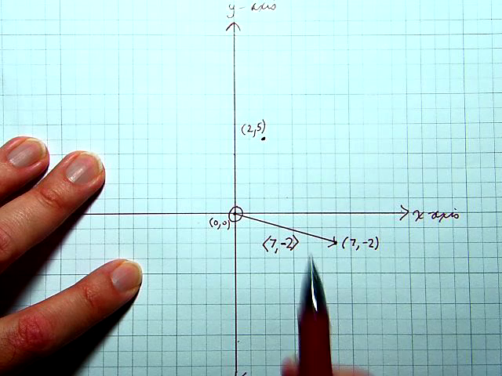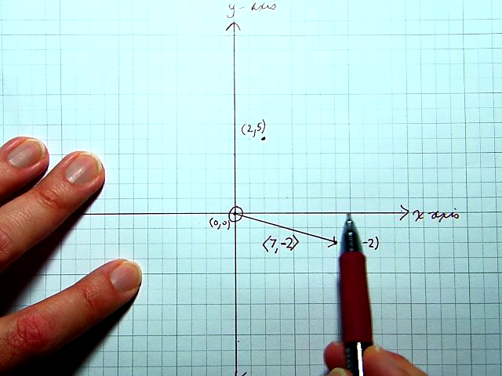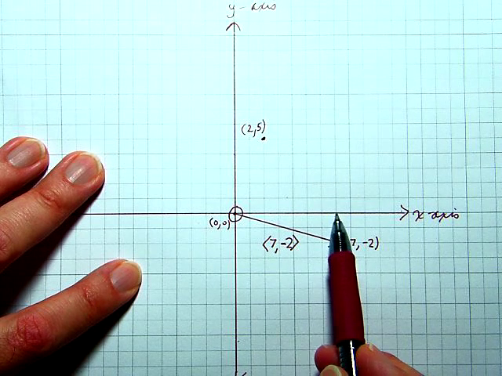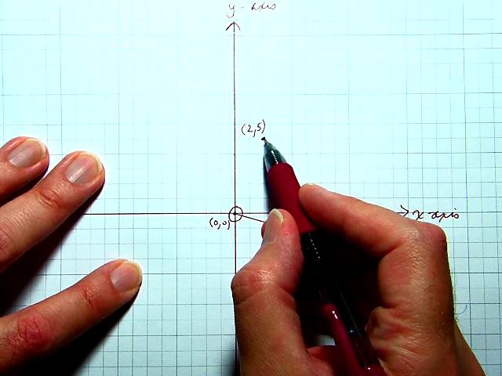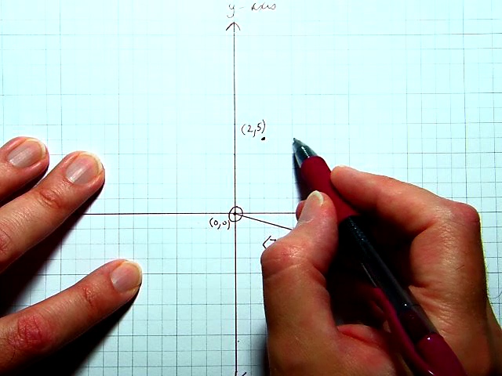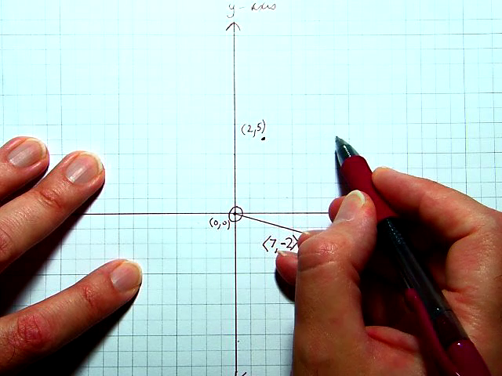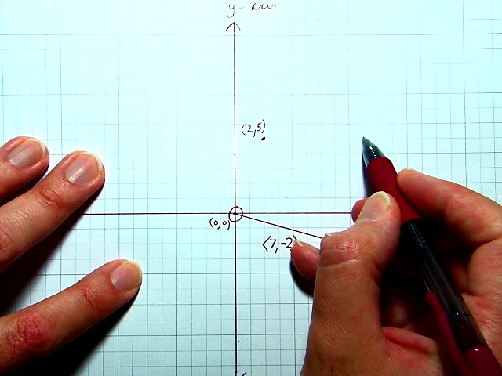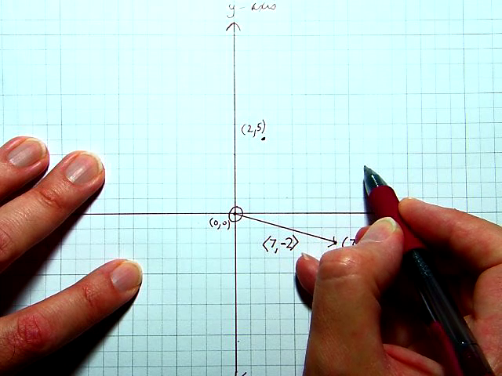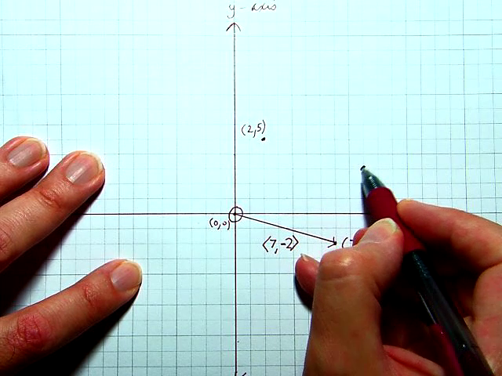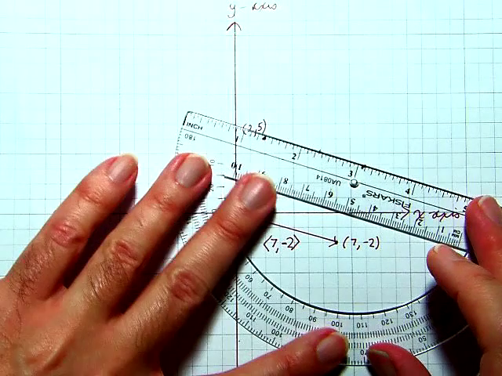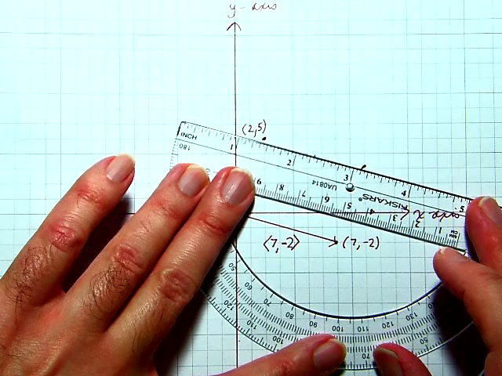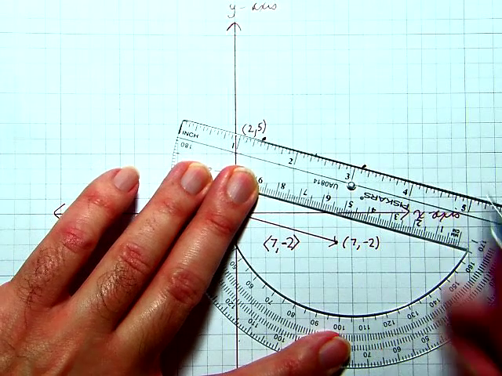Well, now, just like we counted off 7 to the right and 2 down, we would do the same thing from this starting point of (2, 5). So we go 1, 2, 3, 4, 5, 6, 7, and then down 1, 2, and this would be the head of the vector. So we could draw the vector with the tail at (2, 5) as being this object.